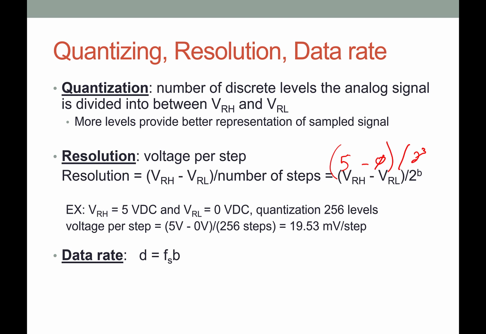Now, what happens if we want to change to a different level? What if it's 256? How many bits?